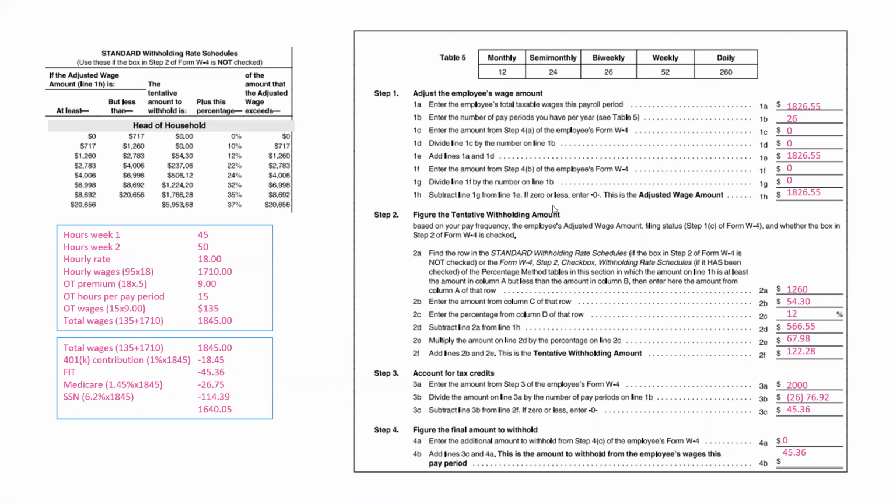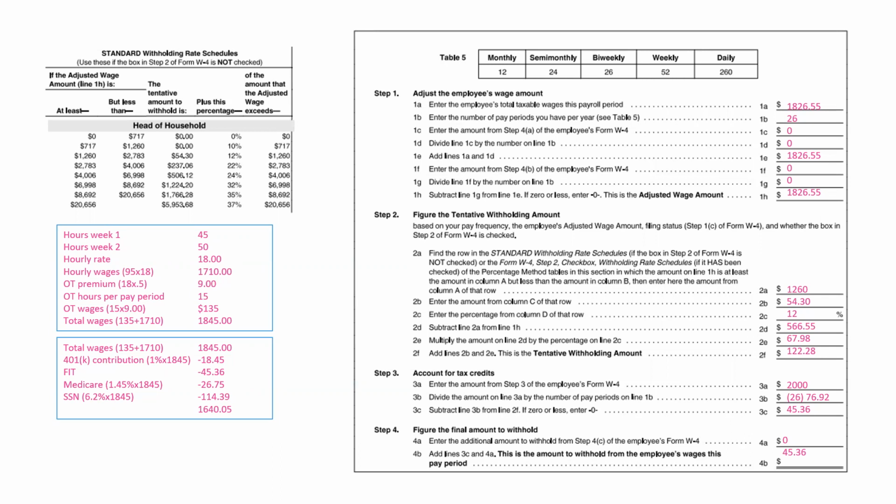On line 1A, you're going to put their total gross wages less that 1% that they requested to have as their 401k contribution. You're also going to list the number of pay periods because they are a bi-weekly pay period. It's 26. We do not have step 4 from the W4, so that's going to be 0. And of course, 0 from 0, still 0.